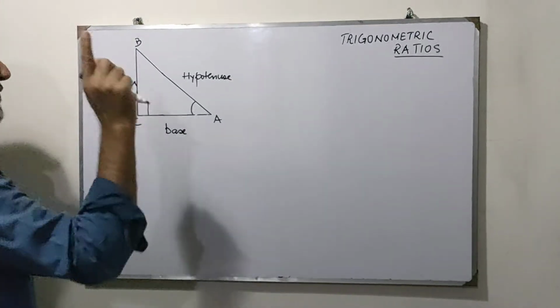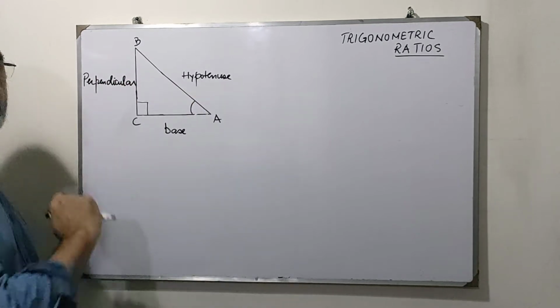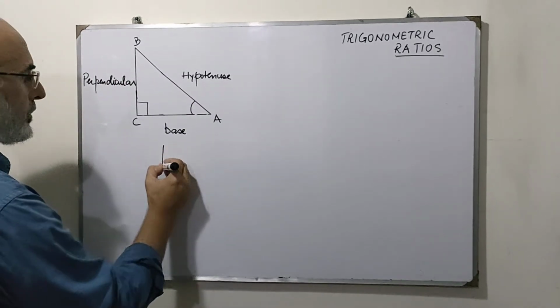The first ratio is between the perpendicular and the hypotenuse.